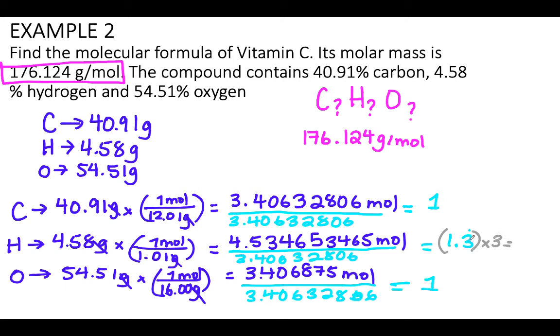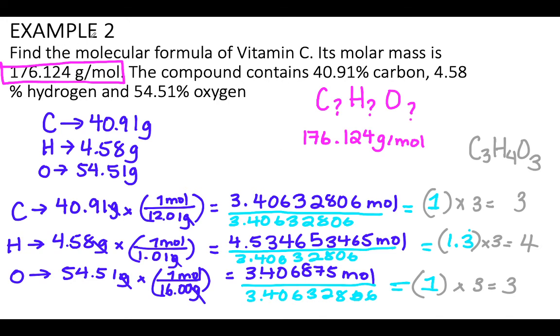If I multiply this number by 3, I get the value 4. If I'm multiplying this subscript by 3, I'm going to have to multiply the other two by 3 as well. So what I've just figured out is the empirical formula of this compound, which is C3H4O3.